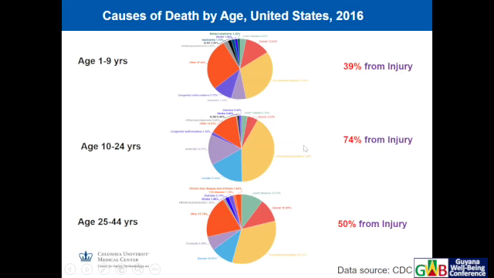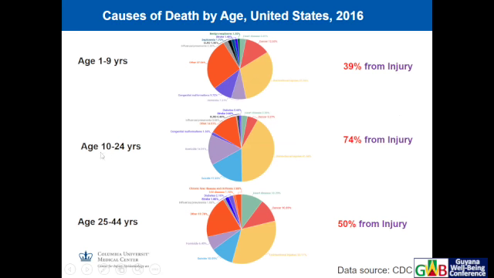For children, especially those teenagers under 21 years old, actually injuries account for the majority of total mortality. And this is CDC data for the United States. For children ages 1 to 9, injuries account for 39% of the total mortality.